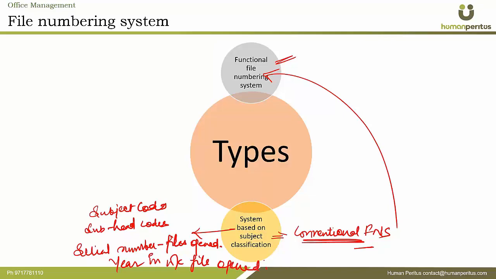Subject codes were given, like which subject has which code, like I told you in the functional file numbering system. Then there were the subhead codes, then the serial number for the files which were opened, and the year in which they were opened. These were basically the four parts of this file numbering system.